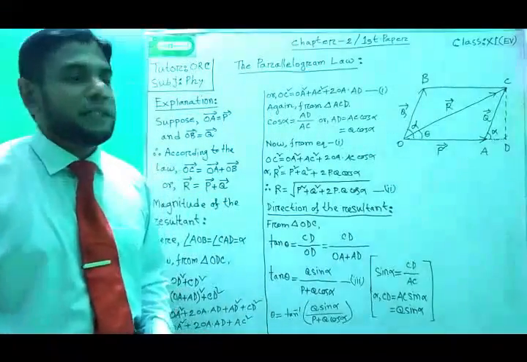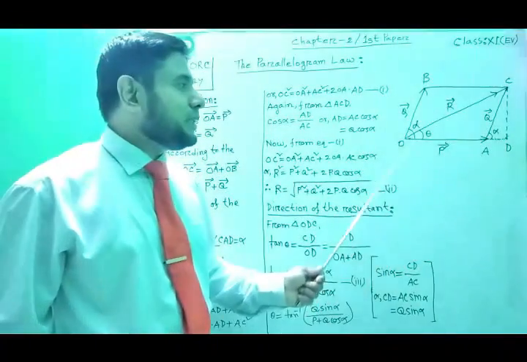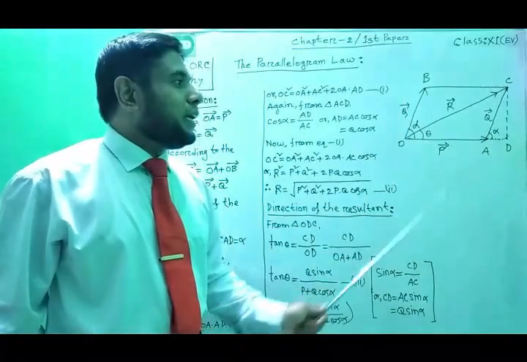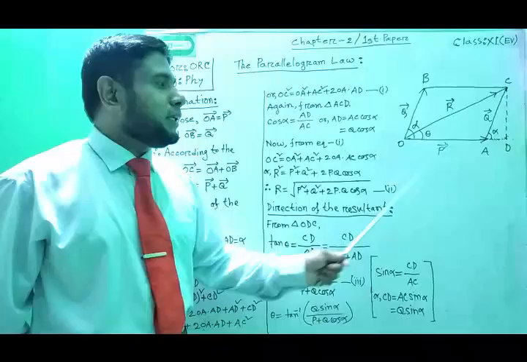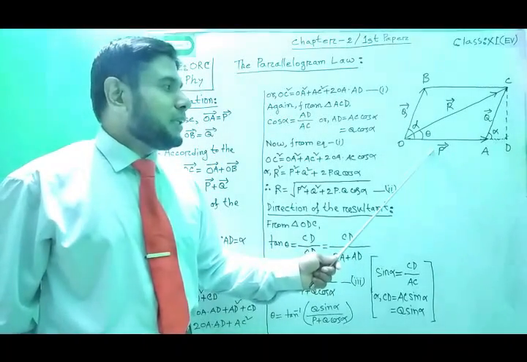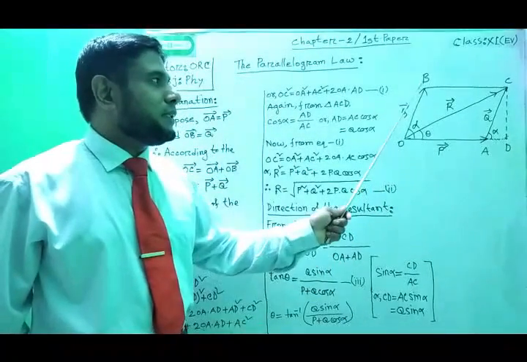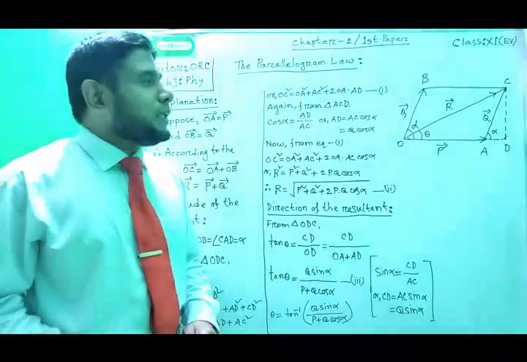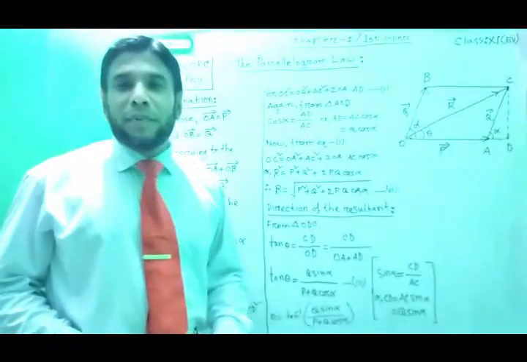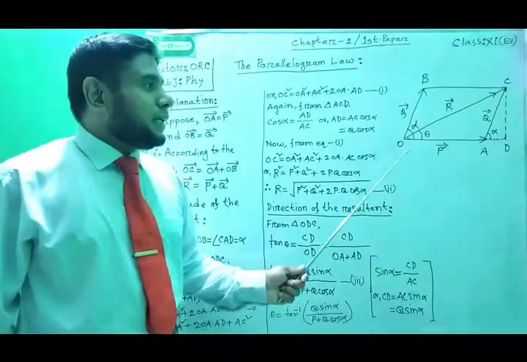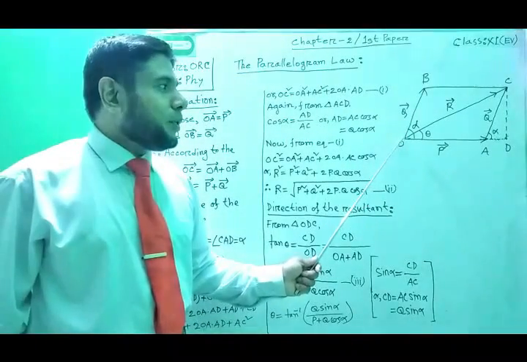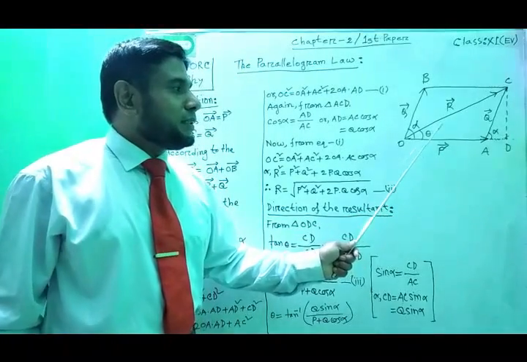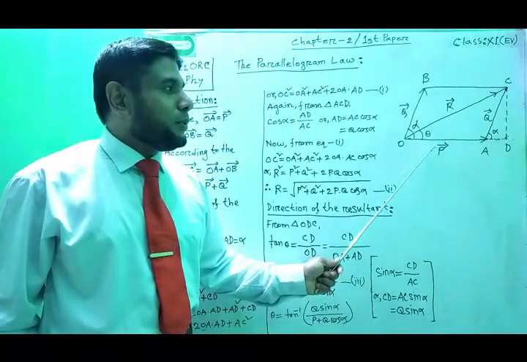Here our selected parallelogram is OACB. Along side OA acts vector P, and along side OB acts vector Q. So, according to the definition of the parallelogram law, the diagonal from point O, OC, will indicate the addition of those two vectors.